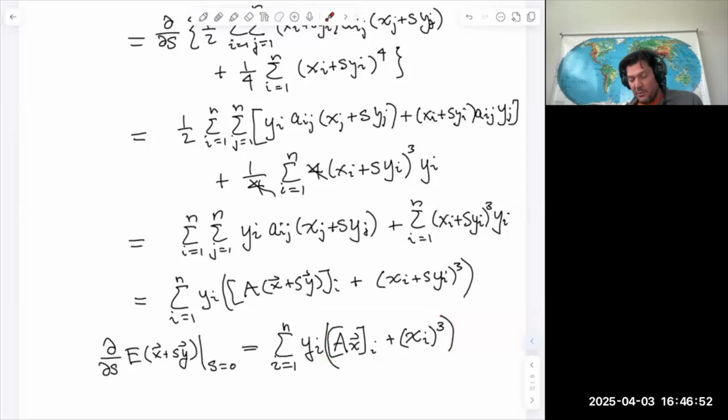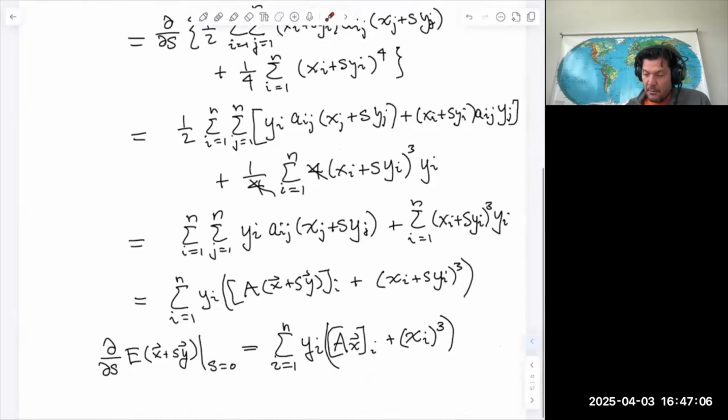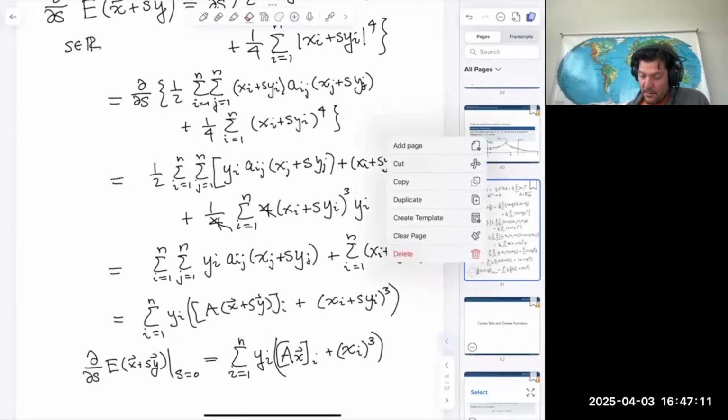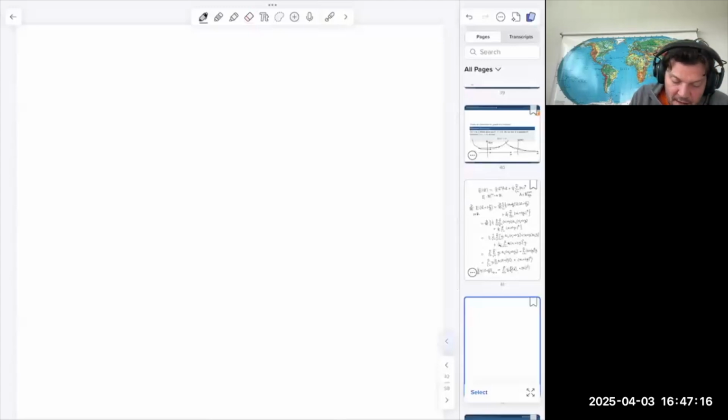Now we can continue along in this way to calculate the second derivative. If we calculate the second derivative, what do we get? To calculate it, you have to take the second derivative here before setting s equal to 0. So let's do that by adding another page. So let's calculate the second derivative before we set s to 0, with a x plus s y.